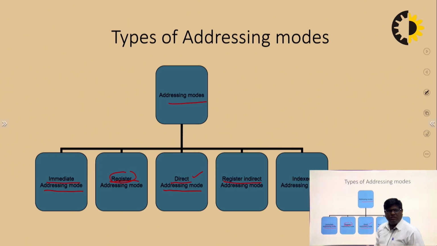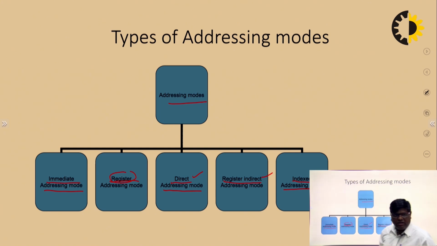In register addressing mode, the operand is simply associated with the register, but in register indirect addressing mode, the register holds the address of the operand. It means the operand cannot be accessed directly by the register, it requires an address, so it is called the indirect addressing mode.